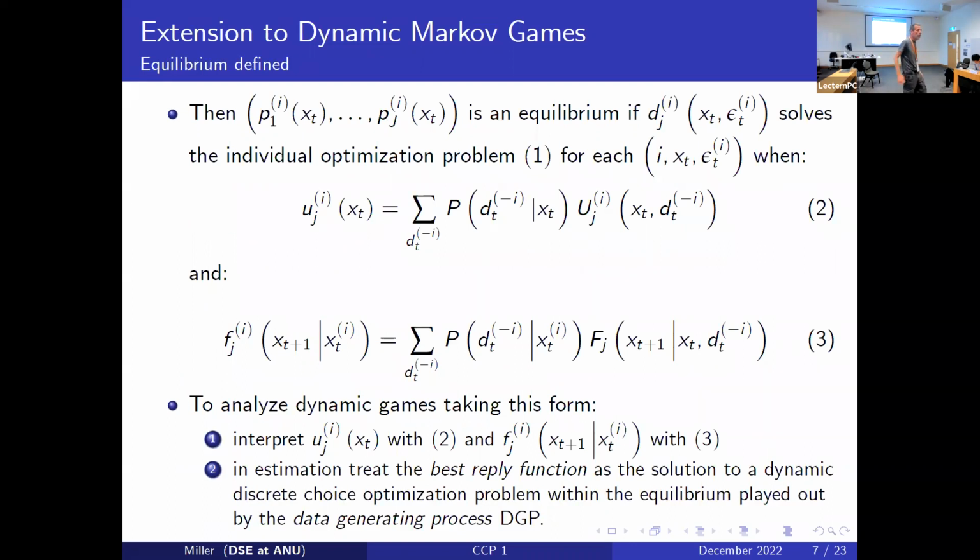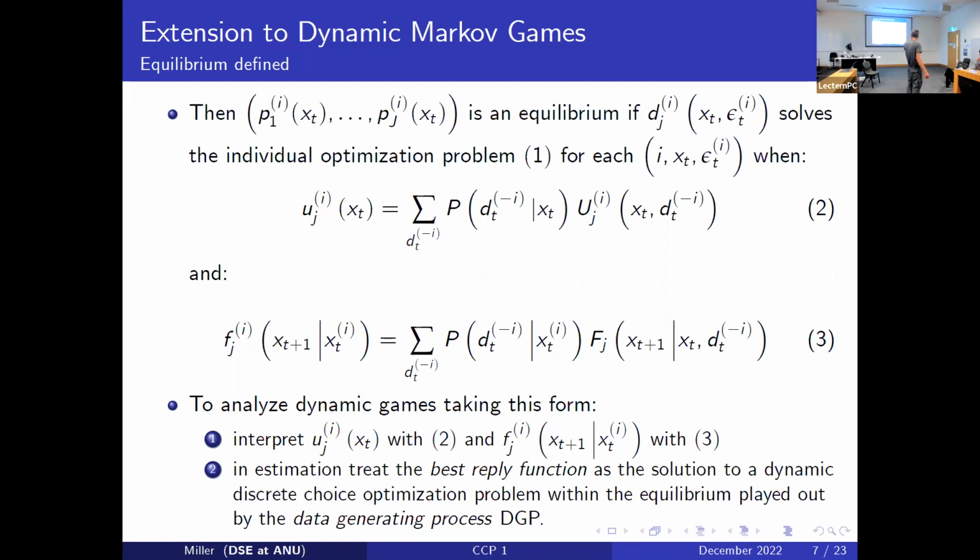And in this setting, since Victor will be doing this in more detail tomorrow, let me just note that when the individual optimizes, we can think about a kind of reduced form utility that's associated with the utility I'm going to get when everybody takes their individual action.